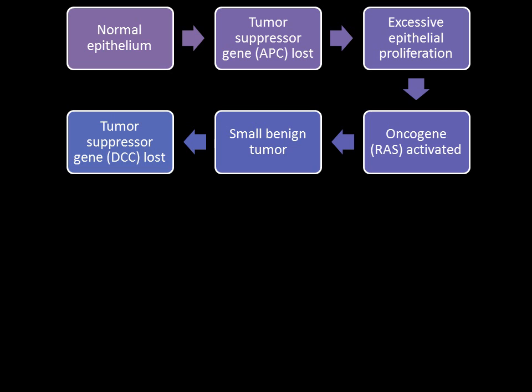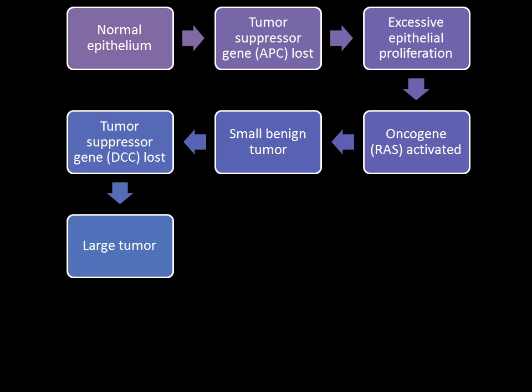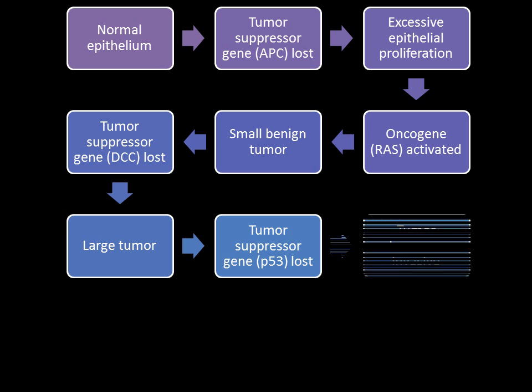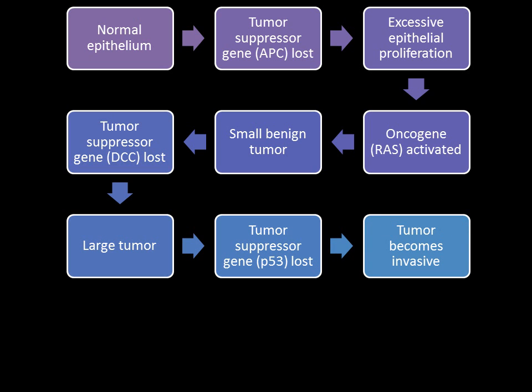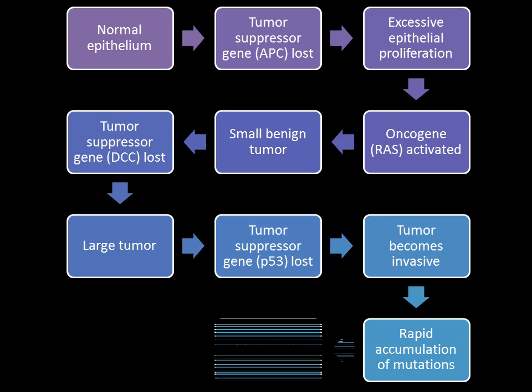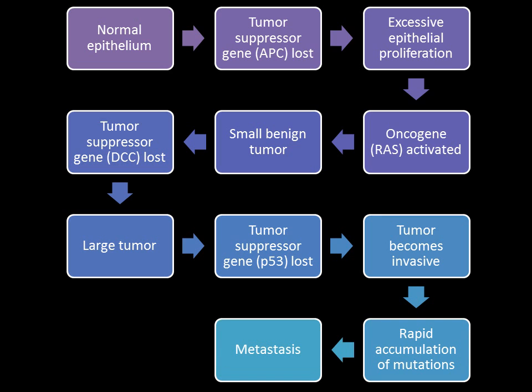By loss of tumor suppressor gene DCC, this will then become a large tumor. Then, if you lose the p53 tumor suppressor gene, the tumor becomes invasive and accumulates mutations rapidly, gaining the ability to metastasize to another part of the body.